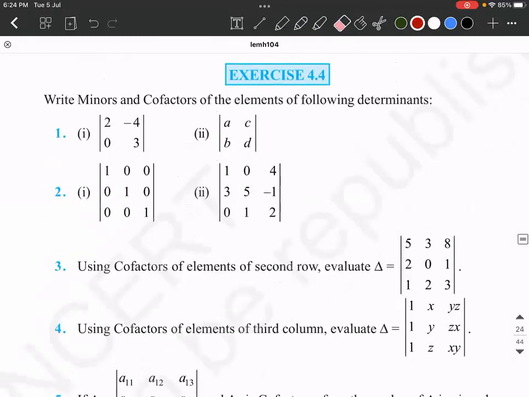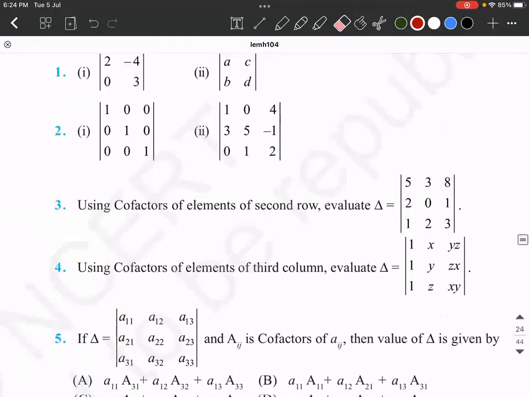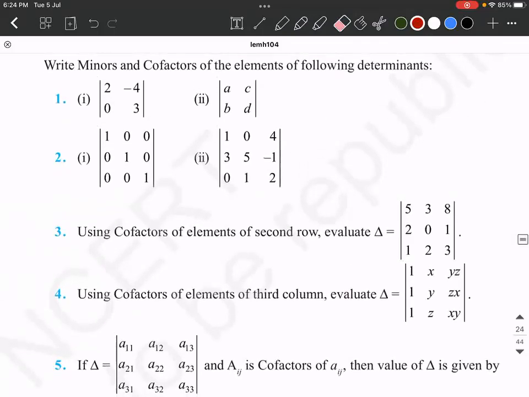Exercise 4.4. Can you do this exercise in 10 minutes? We will go to the next one, adjoint. So write the minors and cofactors of the elements of the following determinants.